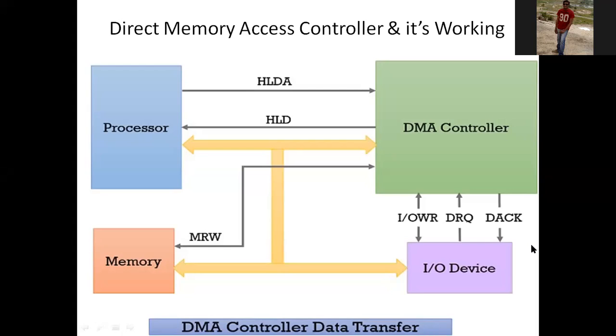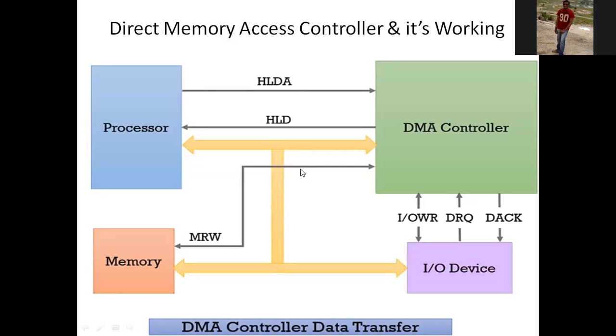Hold means bus request. The DMA controller is requesting the processor to give it control over all the buses. If the processor is okay, what does it issue? Bus grant. Here we don't have bus grant, we have hold acknowledgement, HLDA, which is issued to the DMA controller.